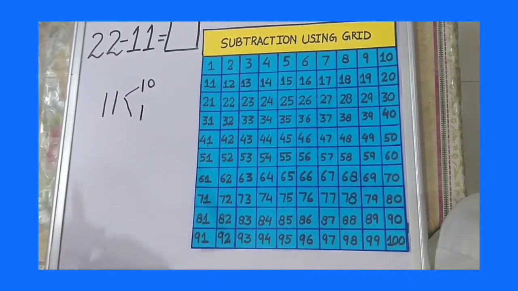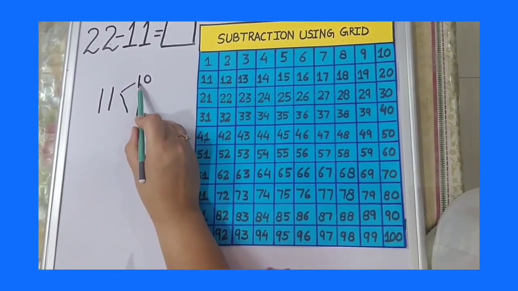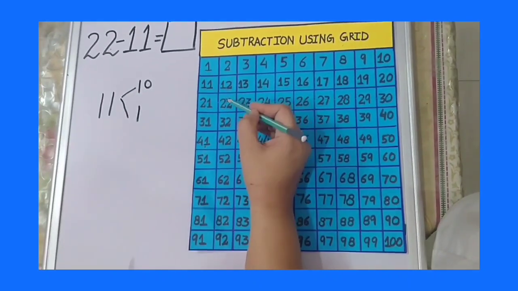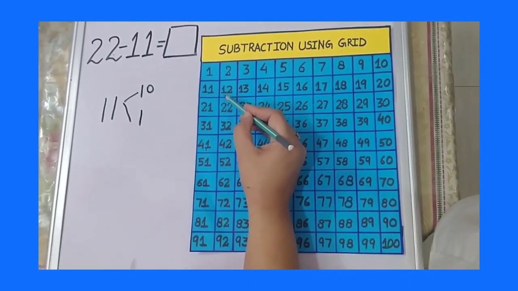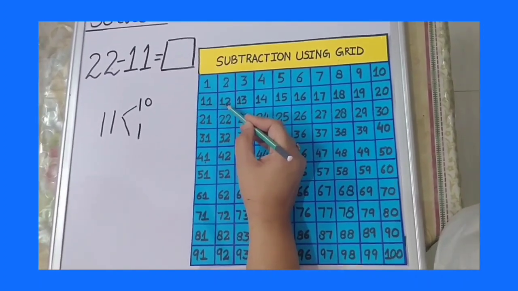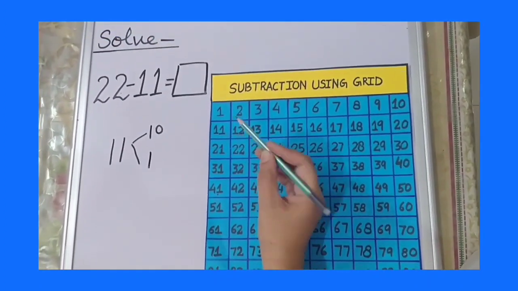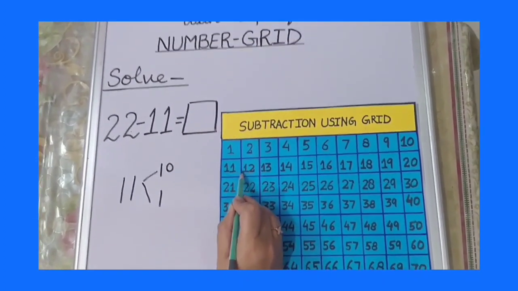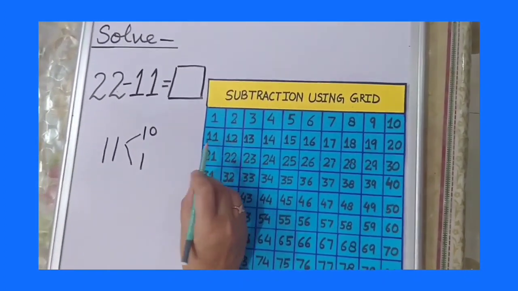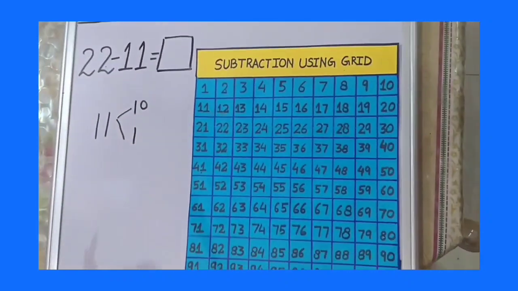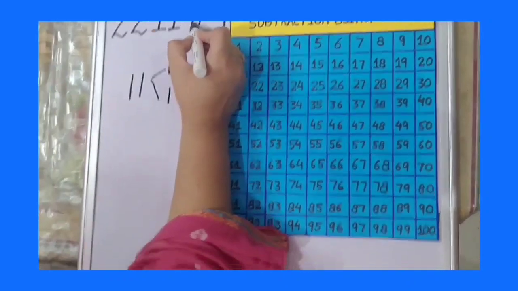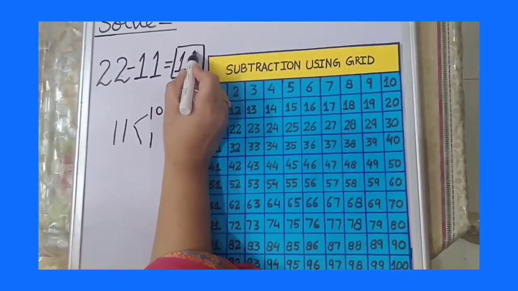So, first we will subtract 10, then 1. From 22, we will move to 12. That means we moved 1 row above and subtracted 10. Then we will move 1 number backward and reach 11. So, the answer is 11.